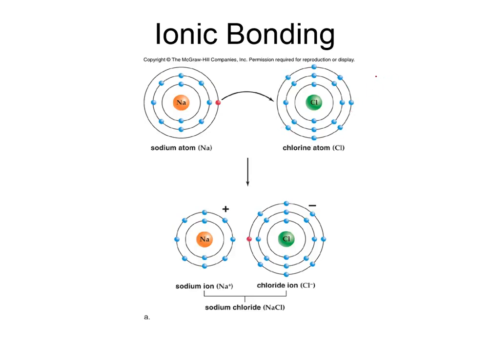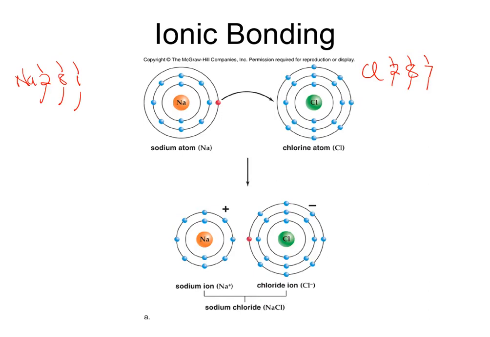So we'll say chlorine has 2, 8, then 7 electrons, while the sodium has 2 inside, 8 in the middle, and 1 outside.